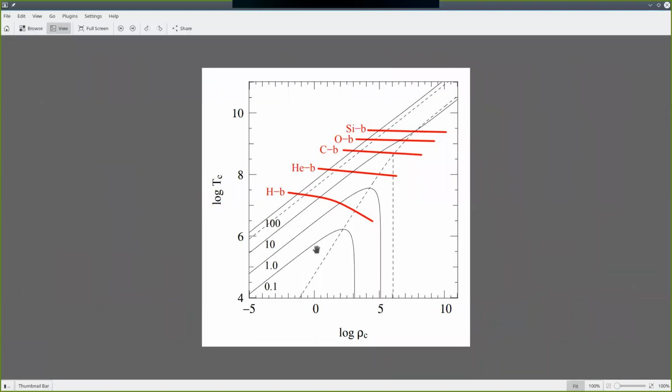We can see here that one of the problems of the low mass stars is that they are going really near the degeneracy part.